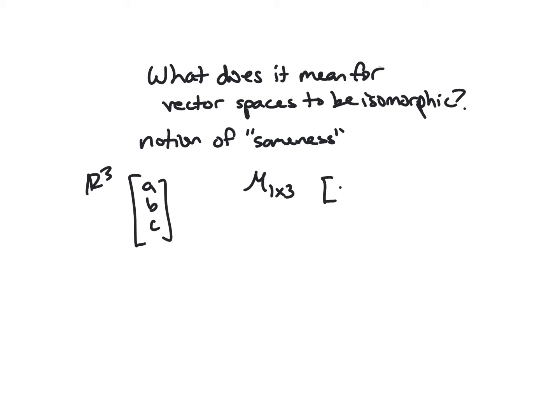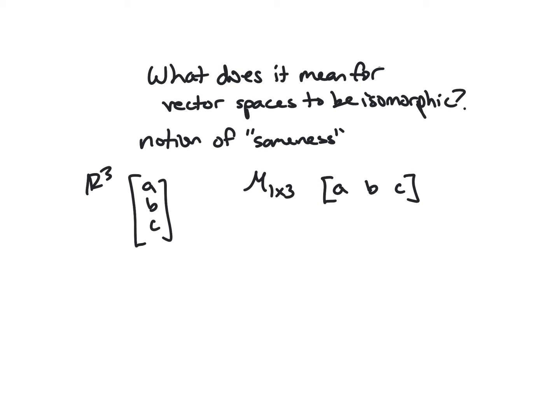Those are rows, and they look like a, b, c, except I wrote it in a row instead of a column. It seems like these things should behave pretty similarly, because it's just the difference between writing a row and a column, but both of them have three entries. When I add things or scale things, they behave in the same manner. It works coordinate by coordinate. So it seems like these behave the same.